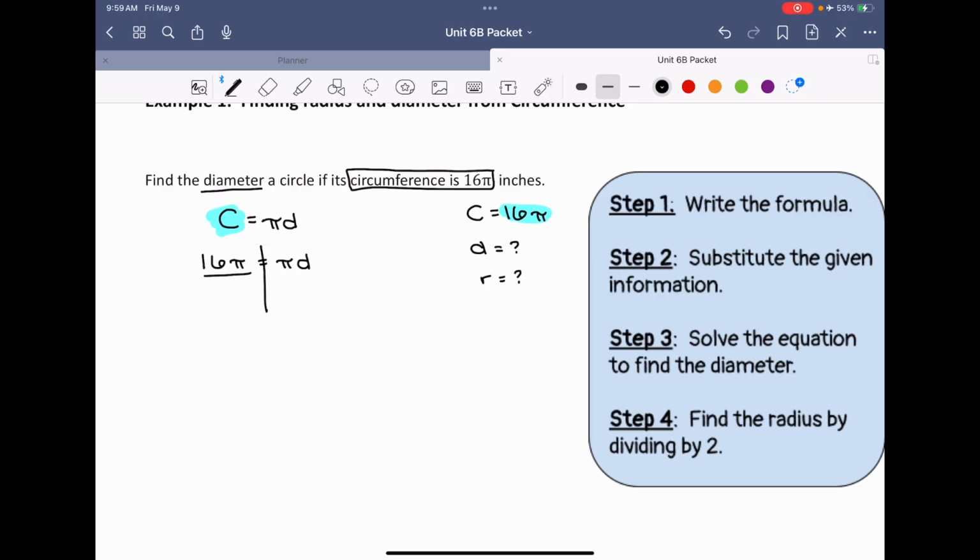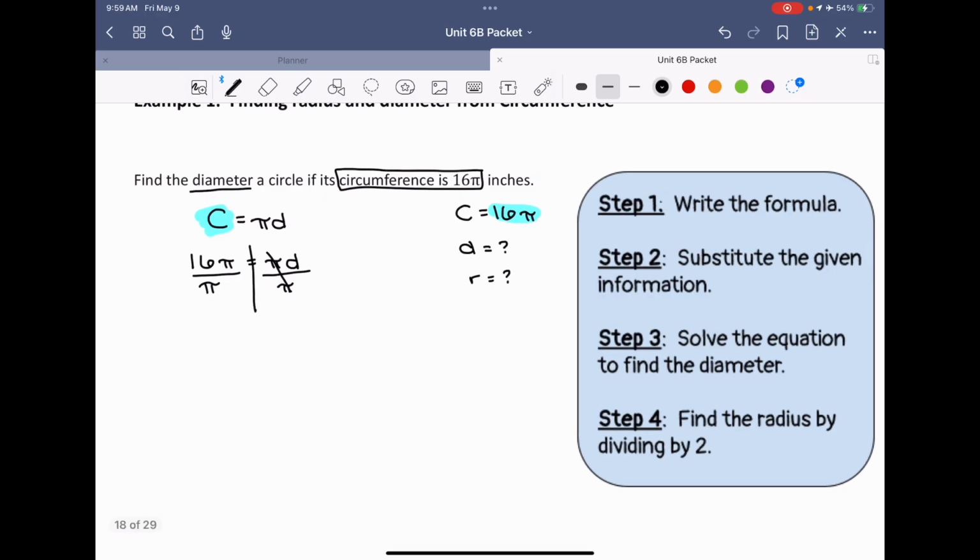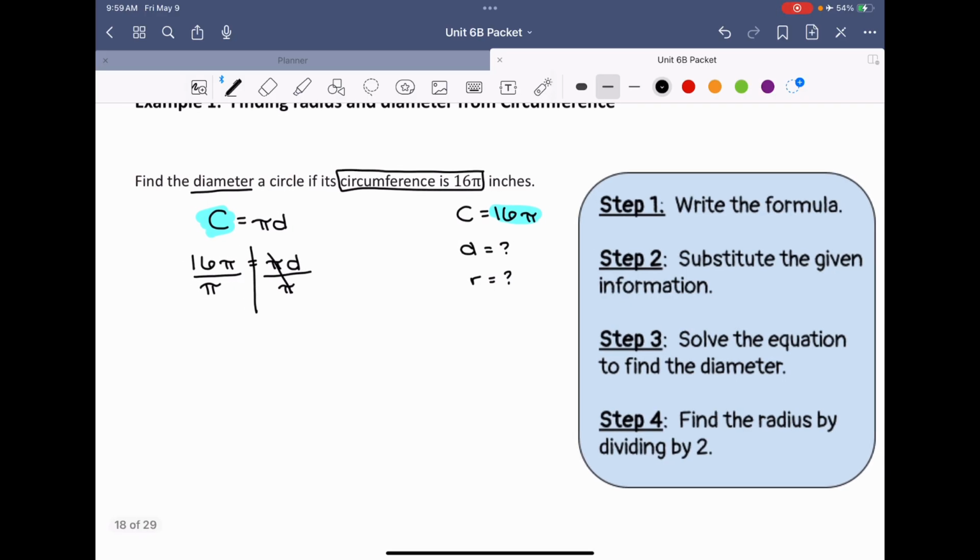So I'm going to divide. Remember, pi is a number, so I want to isolate d by moving that number of pi. So I'm going to move the symbol pi by dividing it on both sides. The nice thing about this is our circumference that they gave us is in terms of pi. So my pi's are just going to cancel, and I'm left with 16 all alone.